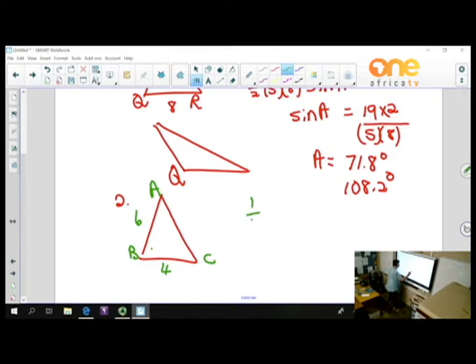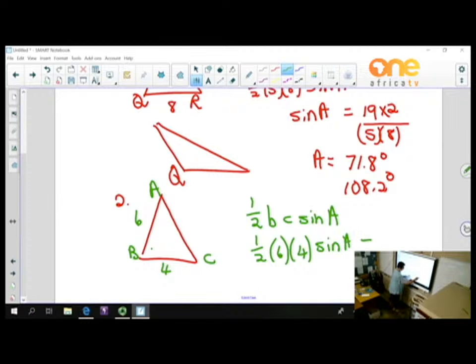So the formula is half BC sine A. So it is then a half of 6 times 4 sine A. This is what you want to calculate, and we equate it to 11. So sine A is then equal to 11 times 2, opposite operations here, divide by 6 times 4.